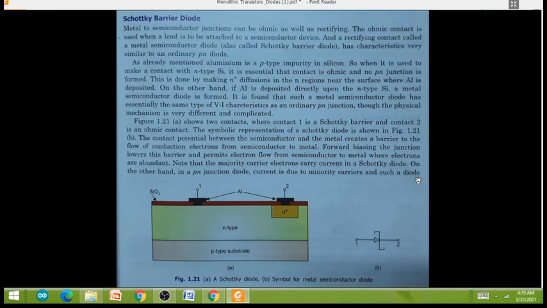Okay, the last slide of the lecture, that is Schottky barrier diodes. This Schottky barrier diode means a metal connection with the n-type material or the n-type layer, so that is the Schottky diode.